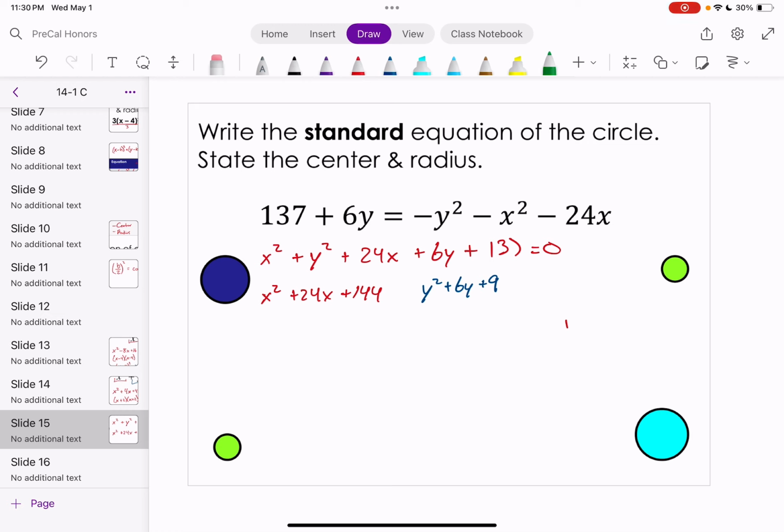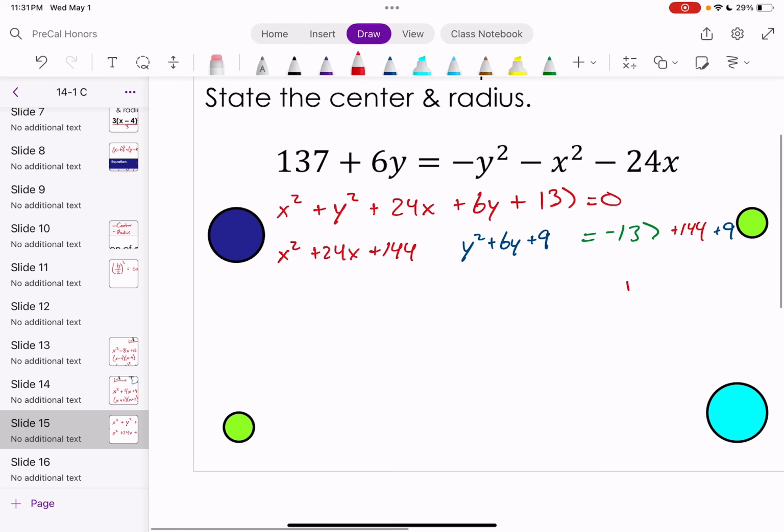Our last number is the 137, which would go over to the right-hand side and give you negative 137. Now, keep in mind, 137, we are going to add the 144 from the left-hand side, and we're also going to add the 9 from the right-hand side of our y's.